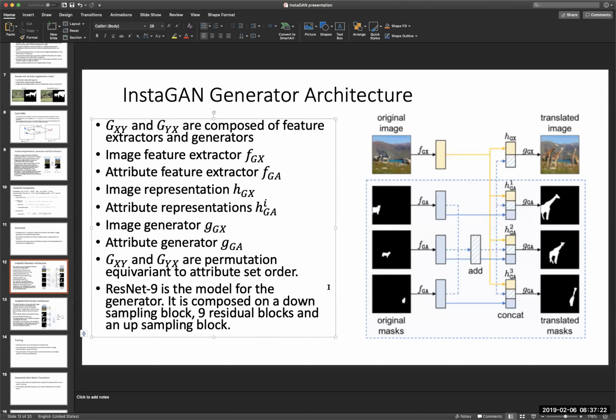Much of the volume of the paper is qualitative evaluations, which in some cases is good. You could probably not even read the paper, just look at the images and get a lot out of it. So we'll go into some details. Now we'll start looking at some of these images and seeing how it does. Part of the qualitative evaluation is to compare their technique, the InstaGAN technique, against the previous CycleGAN technique.